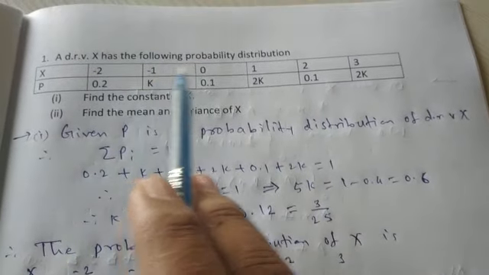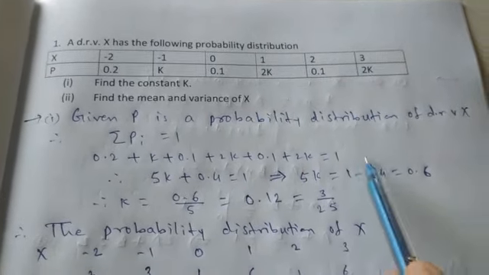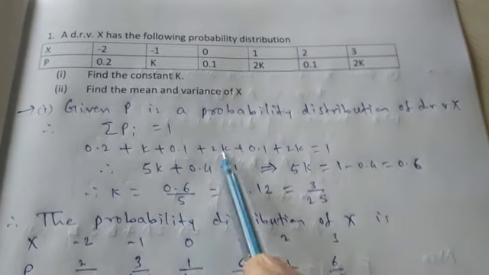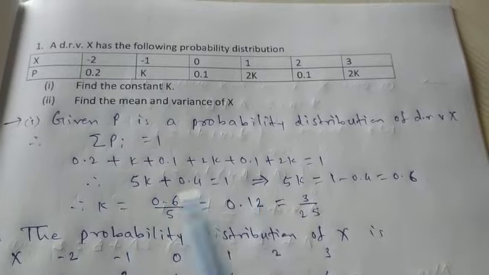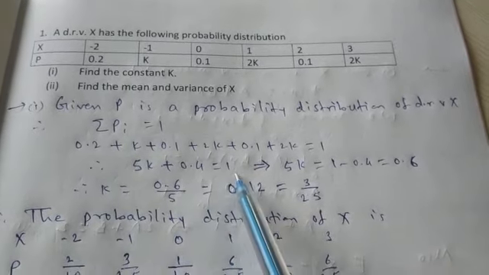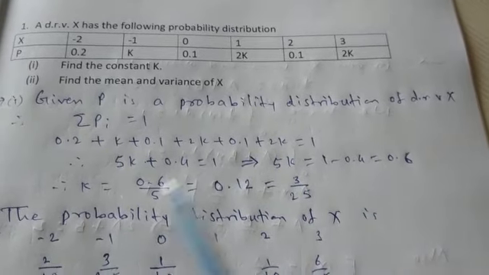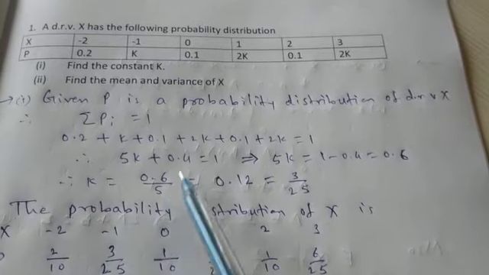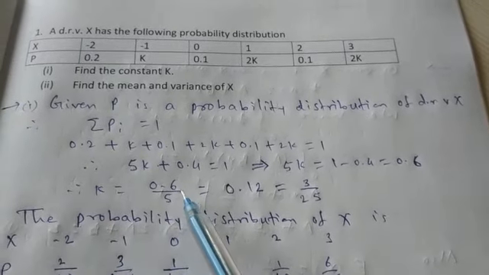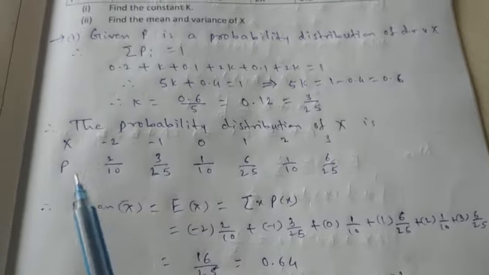So 0.2 plus k plus 0.1 plus 2k plus 0.1 plus 2k equals 1. So k plus 2k plus 2k, that is 5k, plus 0.1 plus 0.1 plus 0.2, that is 0.4, equals 1. So 5k equals 1 minus 0.4, which is 0.6. Therefore k equals 0.6 by 5, so you can write this as 3 by 25 or 0.12.